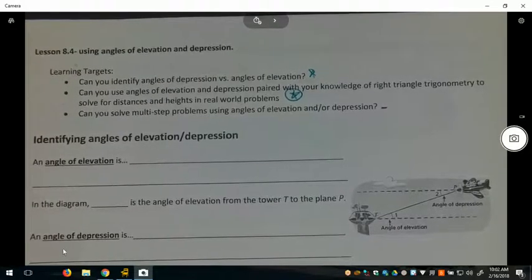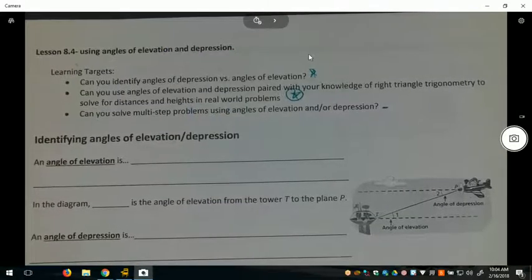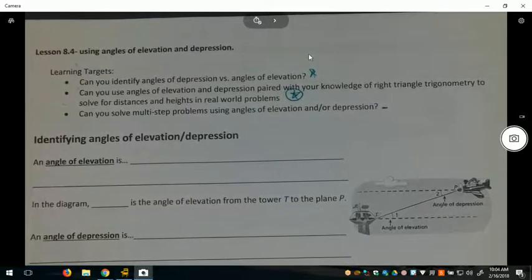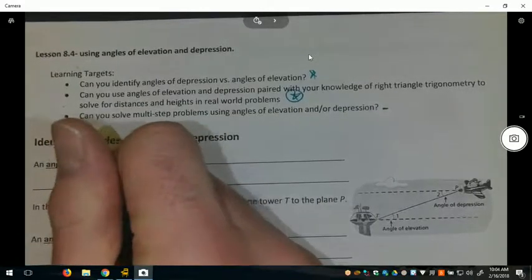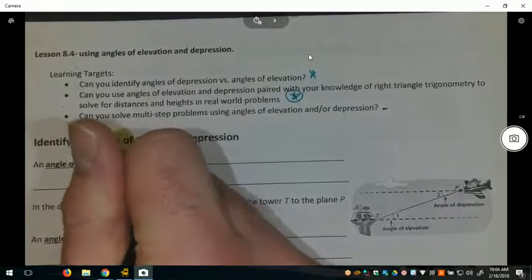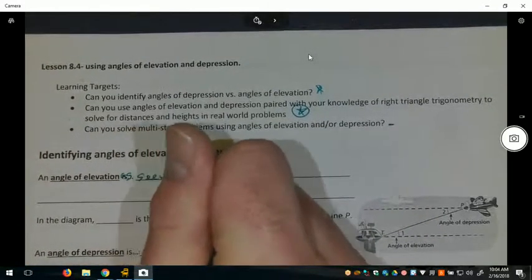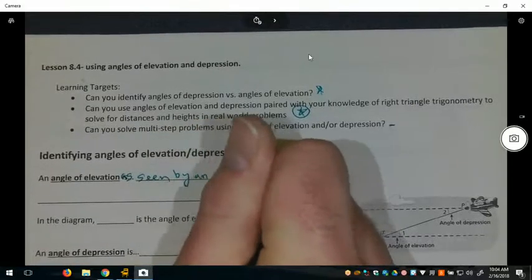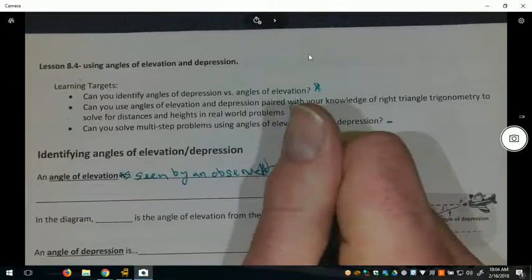An angle of elevation, I should say, instead of is, would be as seen by an observer, is the angle between the horizontal line from the object to the observer's eye.